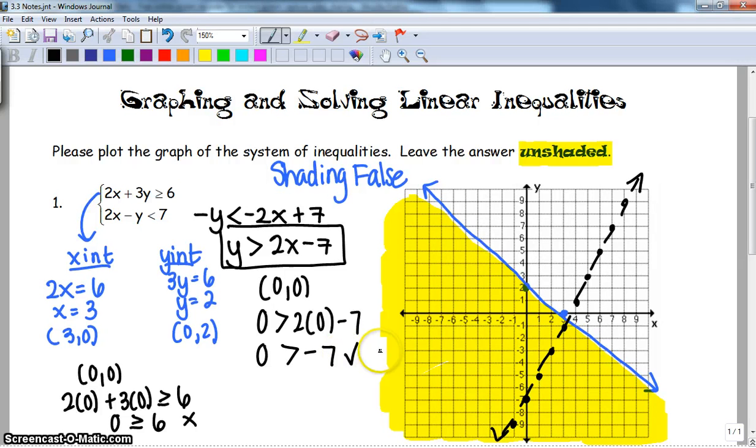That is true. That means that where (0, 0) is, this side over here, because remember we're looking at the black line, this side over here is true. I want to shade false. So I am shading to the right of my line.